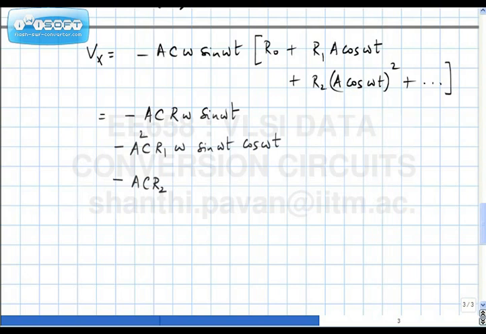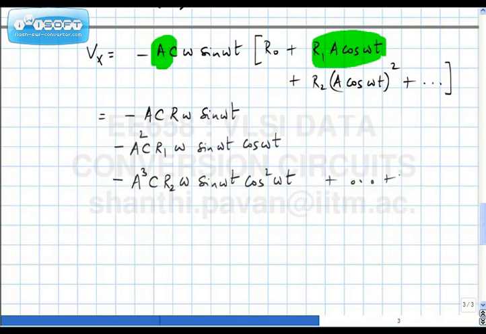Please note that there is one A here and there is another A here. Similarly, the cubic term should be A cube C R2 omega times sin omega t cos square omega t.